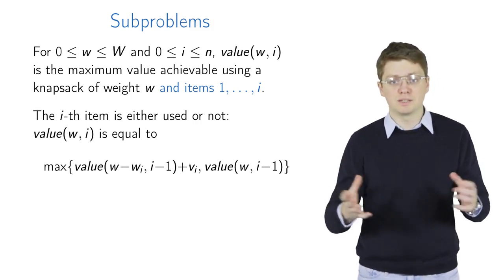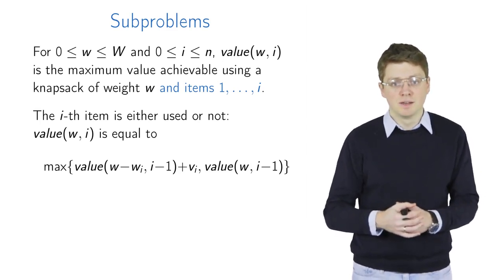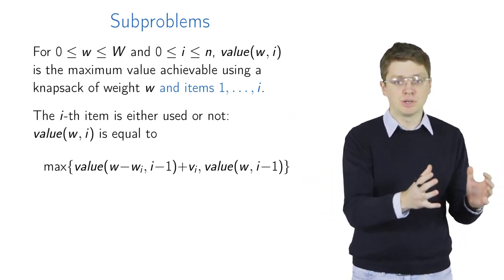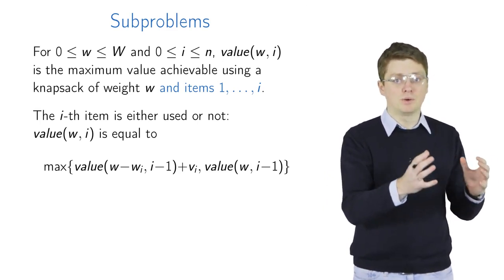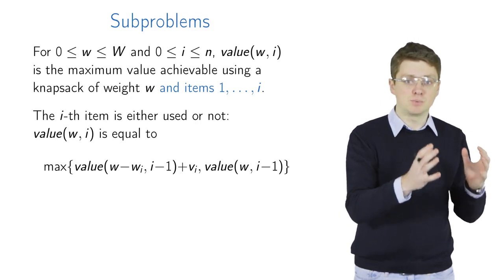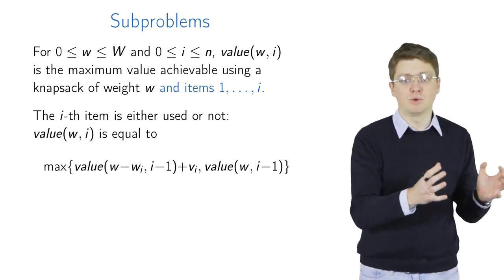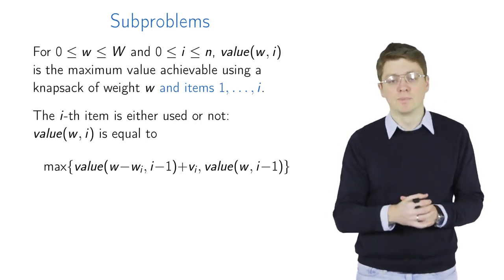So there are two cases, and we need to select the maximum of the two. In the first case, if we take the ith item out, what is left is an optimal solution for the following problem: we are allowed only to use the first i minus 1 items, and the total weight should be no more than W minus wi. This is the first term under the maximum.